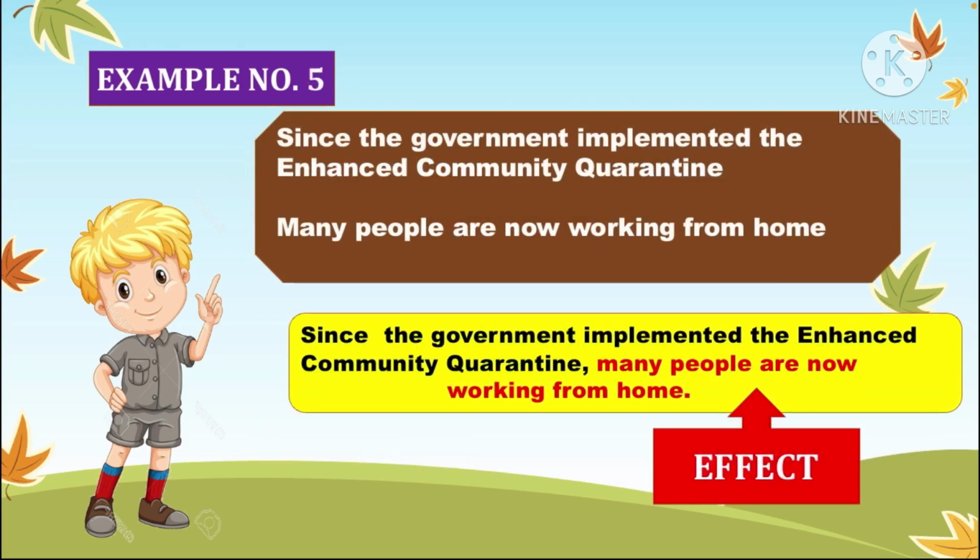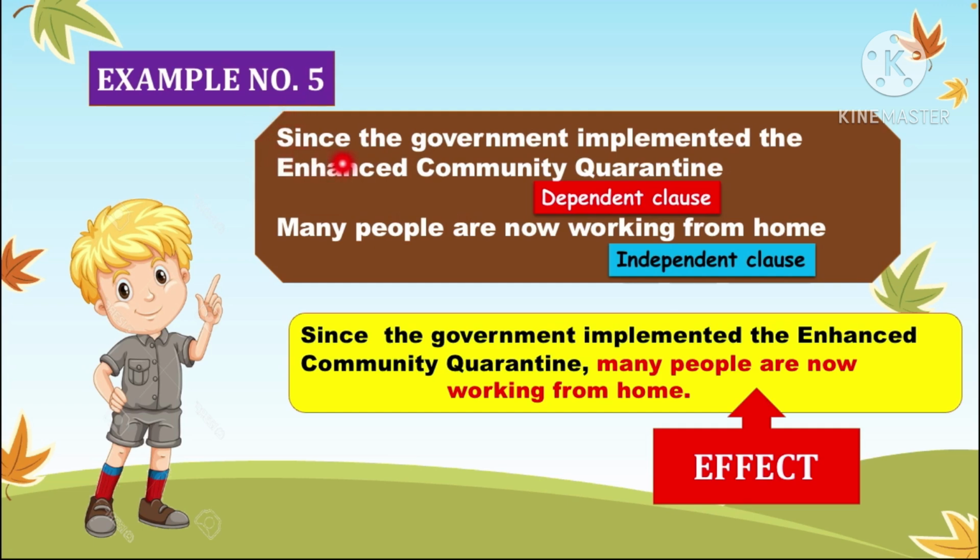Another example, since the government implemented the enhanced community quarantine, many people are now working from home. Since the government implemented the enhanced community quarantine is a dependent clause, while many people are now working from home is the independent clause.